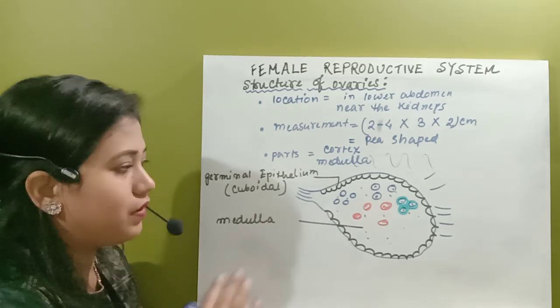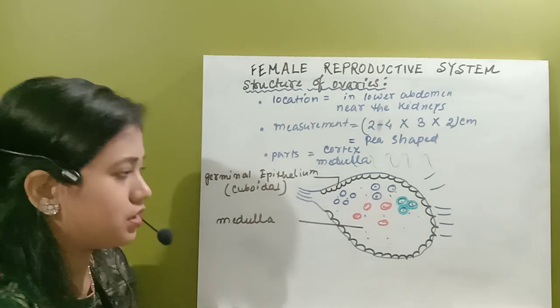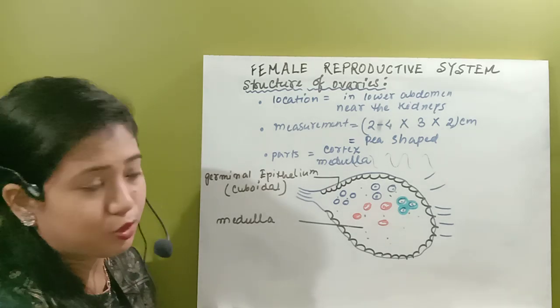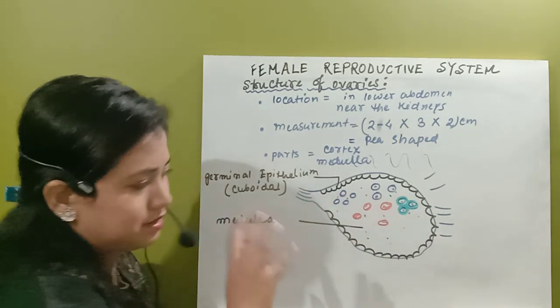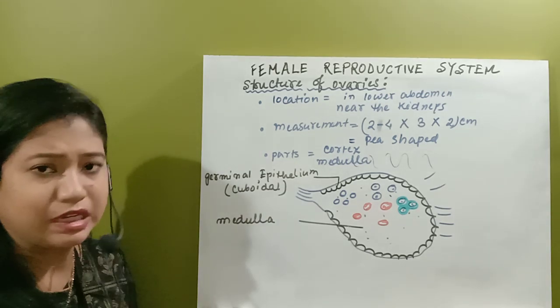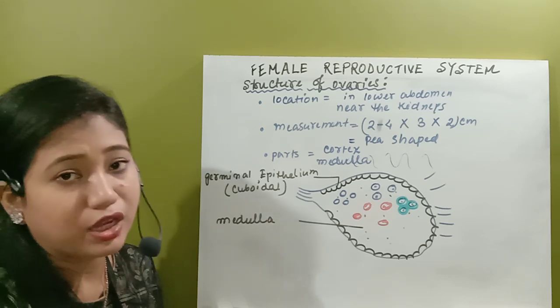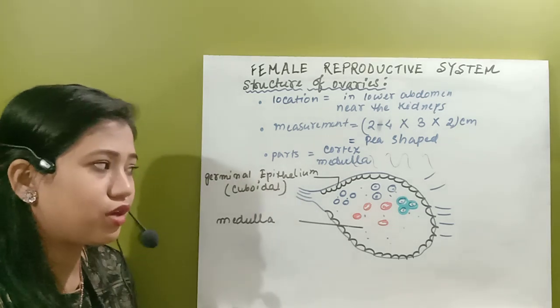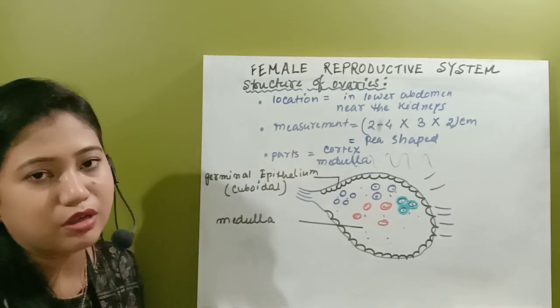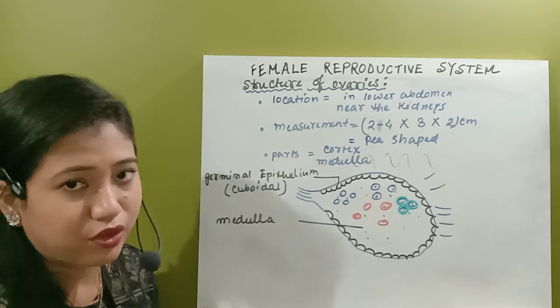Up to birth, we will have primary oocytes that will be around millions. And after that, from birth up to puberty, the primary oocyte will have a number of cells around it. They will be known as the granulosa cells, and those granulosa cells will cover this primary oocyte. So that's why these are known as the primary follicle.